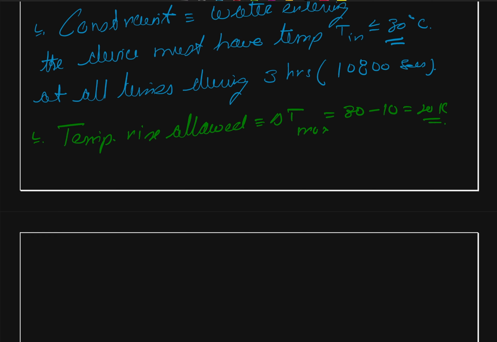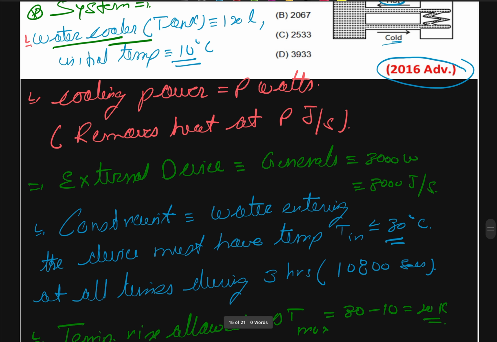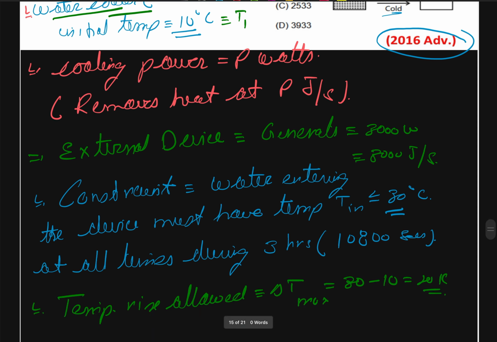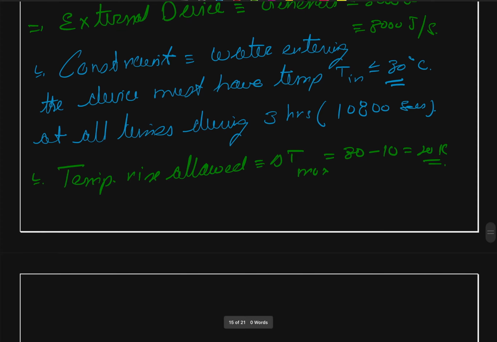Okay. So this is the maximum allowable temperature rise, that is about 20 Kelvin. And let us suppose the initial temperature we call as T1. And the final temperature, we can just call this T max also, because this is the maximum allowable temperature.